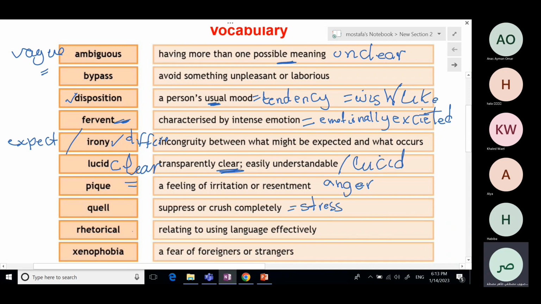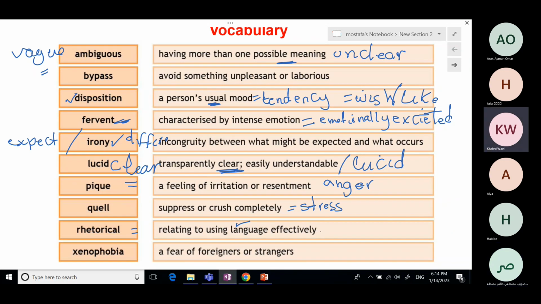Rhetorical, well studied in writing, means related to using language effectively. Xenophobia, a fear of foreigners or strangers. This meaning is clear. Okay, I need you all to read the words quickly. Khalid, start reading aloud, please, all the words without meaning. Just read the words.